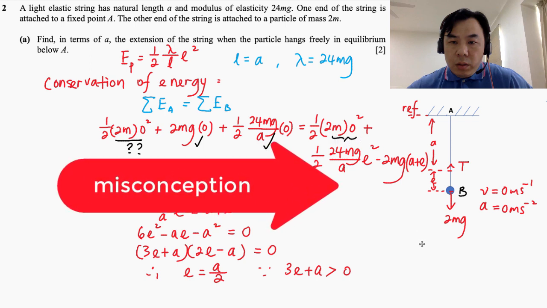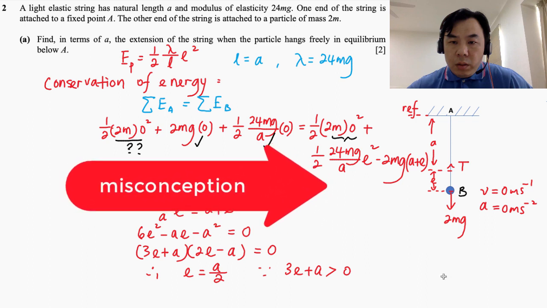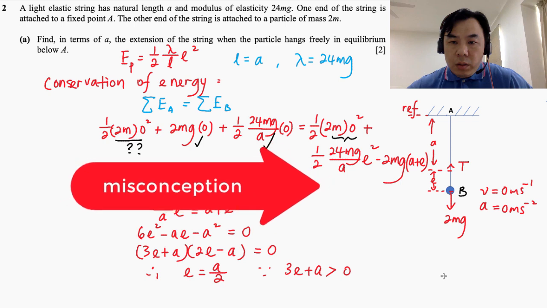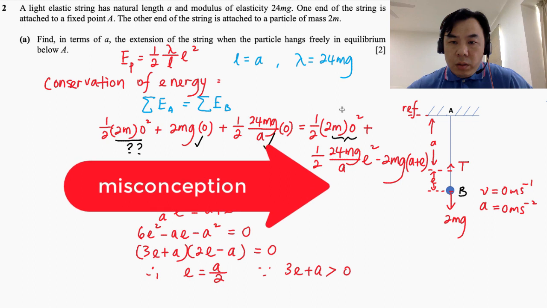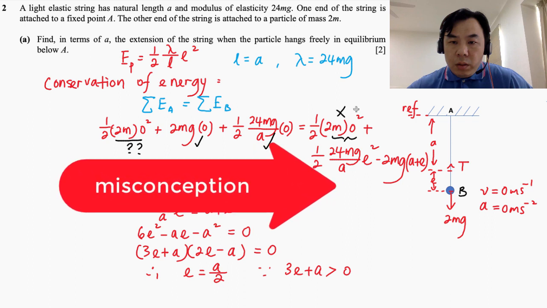Instantaneously at rest, I did mention in my previous videos, doesn't mean that it's at equilibrium. It just means that at that moment of time, the object is going to change direction. It's going to change direction, acceleration is not zero. So these are the two misconceptions that we have indirectly committed.